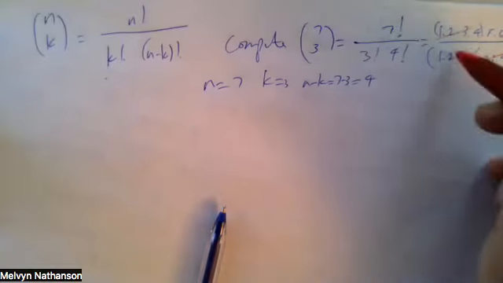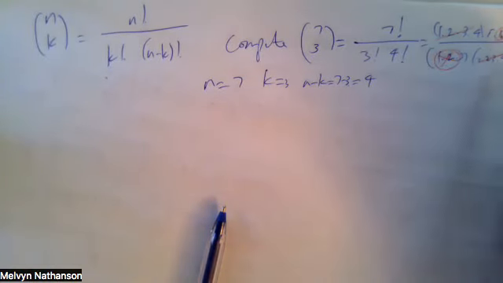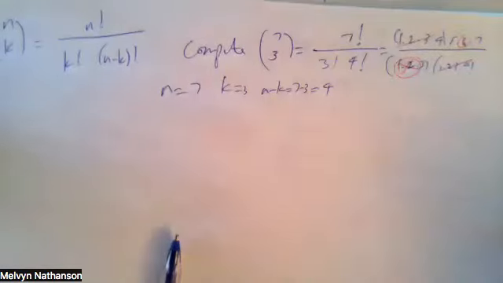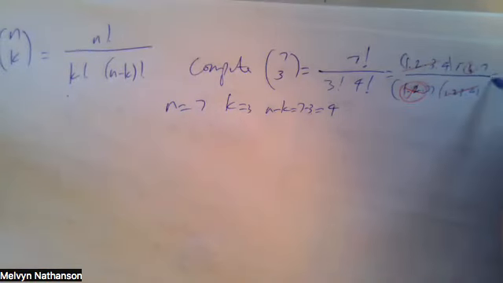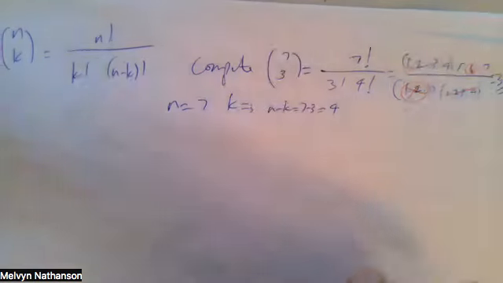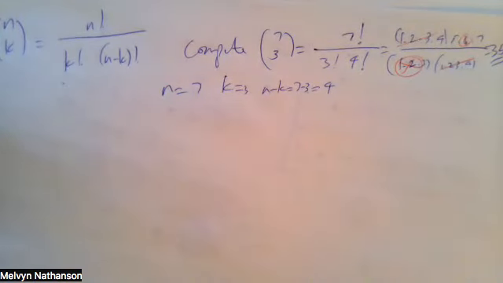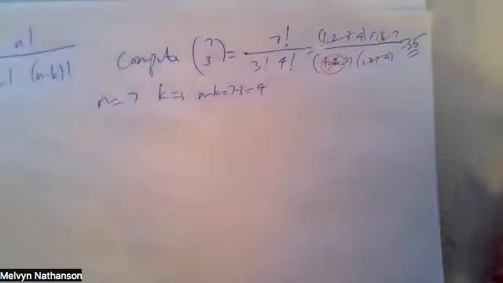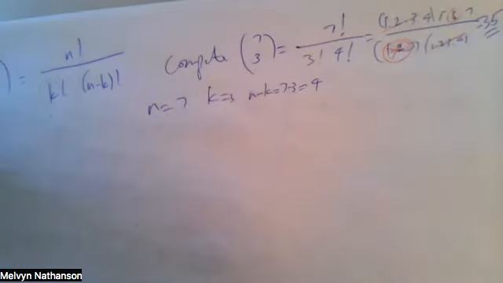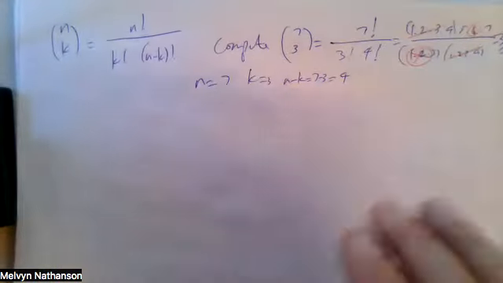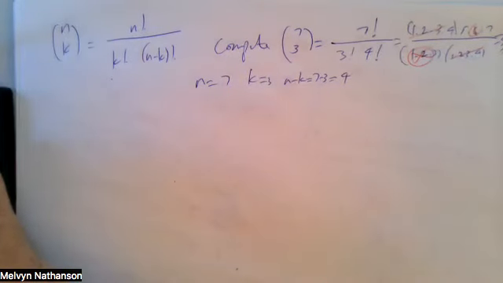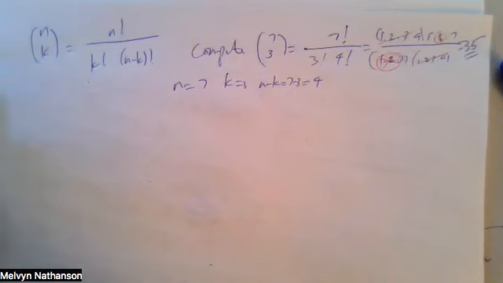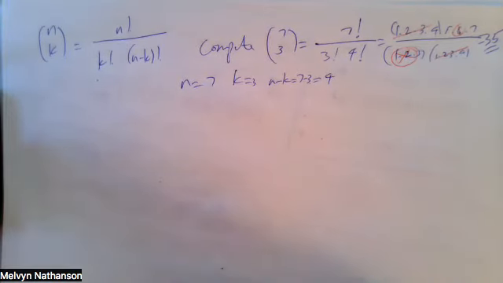So this 6 cancels this 6. And we're just left with 5 times 7. So the answer is 35. The answer is 35.